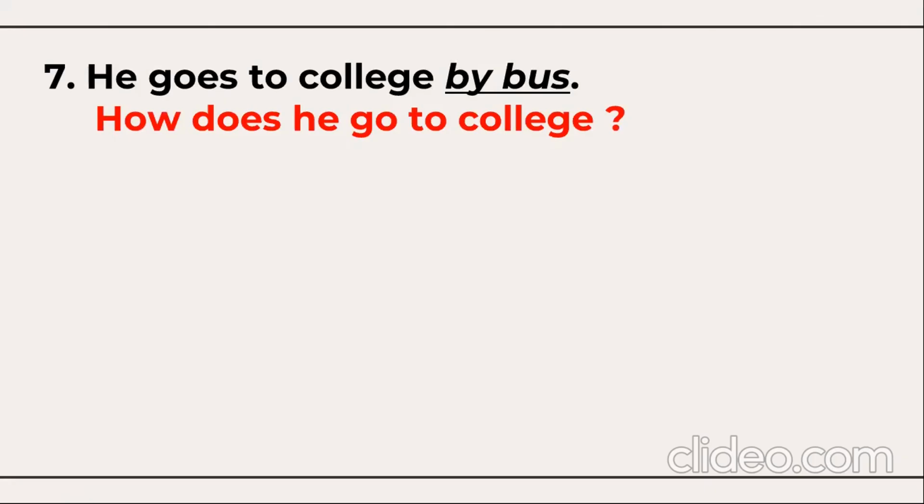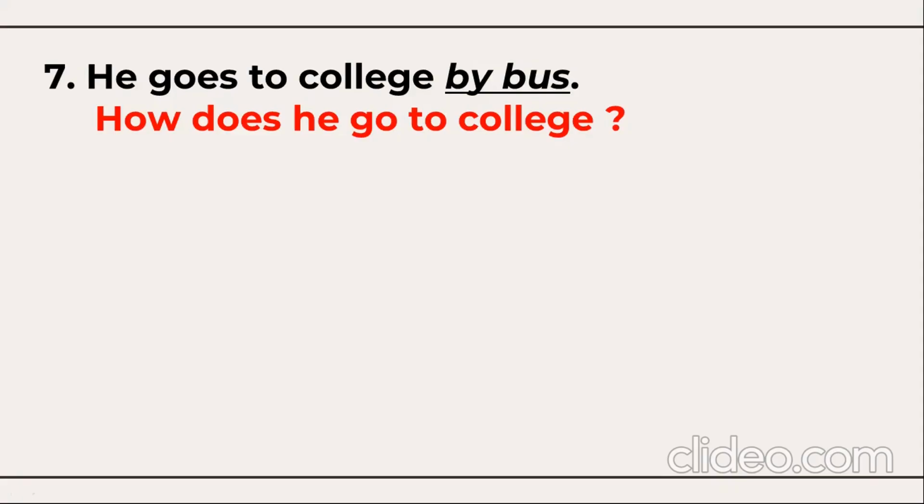Now again, remember why it is does: because of goes. So you need to identify here, there is no direct helping verb. Without a helping verb, you can't frame the question. Always remember, helping verbs are very important. I'll be making one more video on the helping verb.